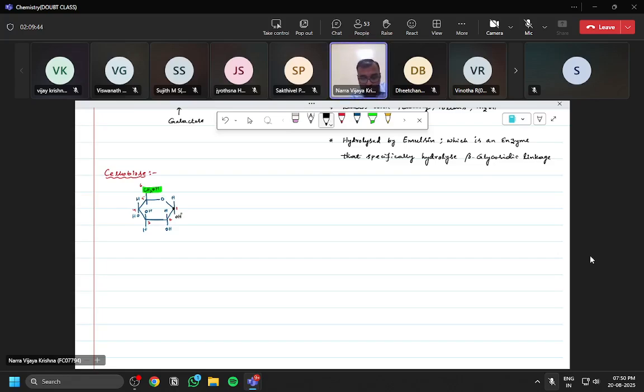CH2OH and OH on the opposite side: alpha form. If I write that OH here, beta form, right? I am taking another mole of the same one. Now both are beta, and I am removing water.